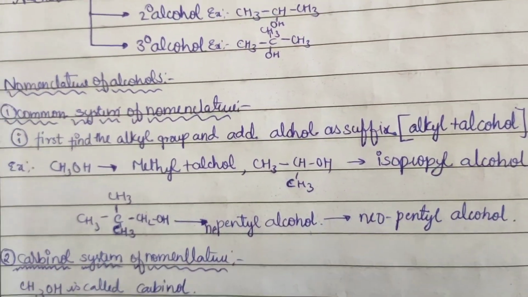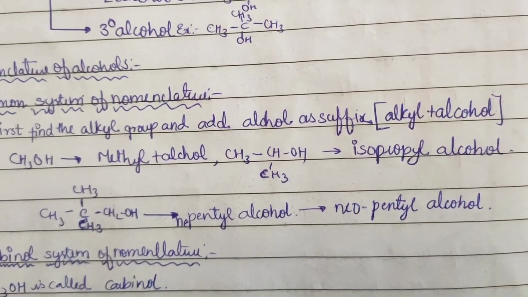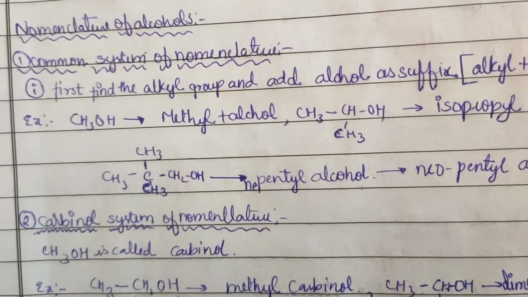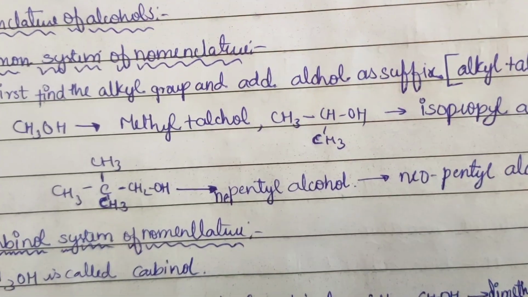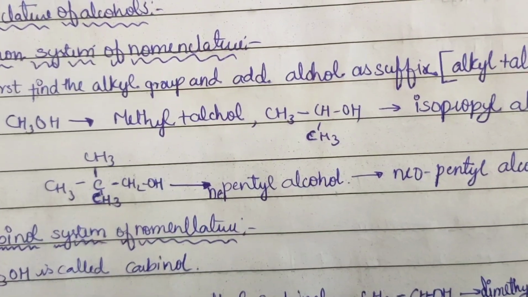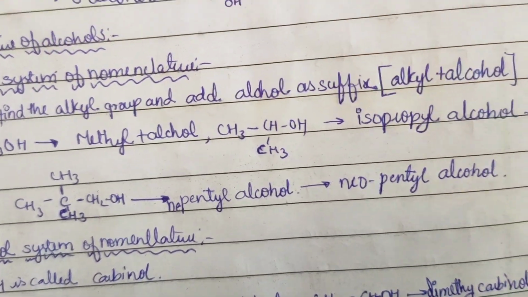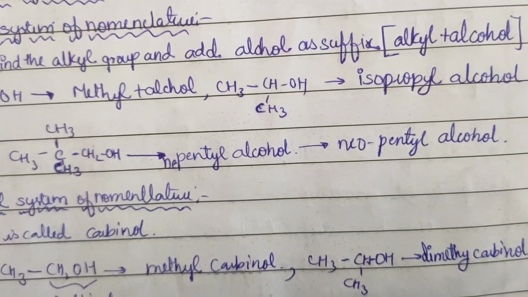Then another example, isopropyl alcohol. Then another structure, three CH3 groups, then CH2 attached to OH. Here neo is added first, then pentyl, then alcohol.